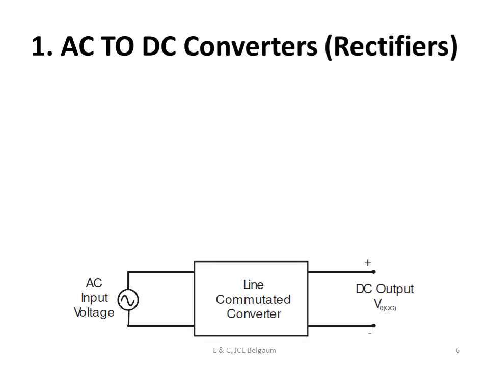Looking at the first one, AC to DC converters or rectifiers. As seen in this figure, the input is an AC supply voltage, and the output is a DC, with plus minus shown, meaning DC. What we have is nothing but the rectifiers.